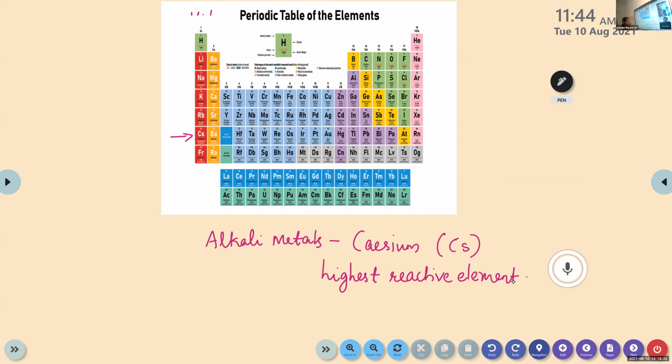Then again, we can find out the most reactive element from the halogens. Halogens are group 17. We learned that the reactivity decreases on moving down the group, right? Naureen, can you tell me which is the most reactive element in halogens?